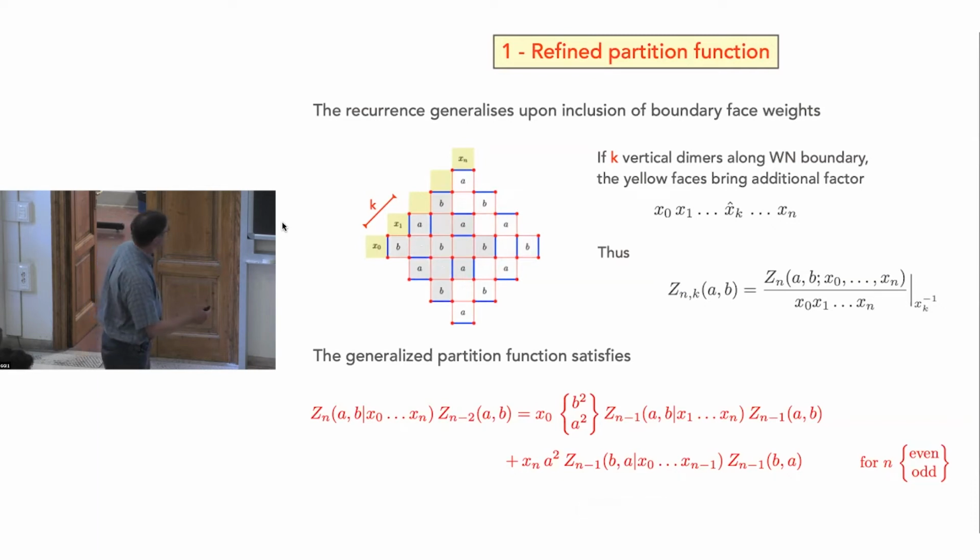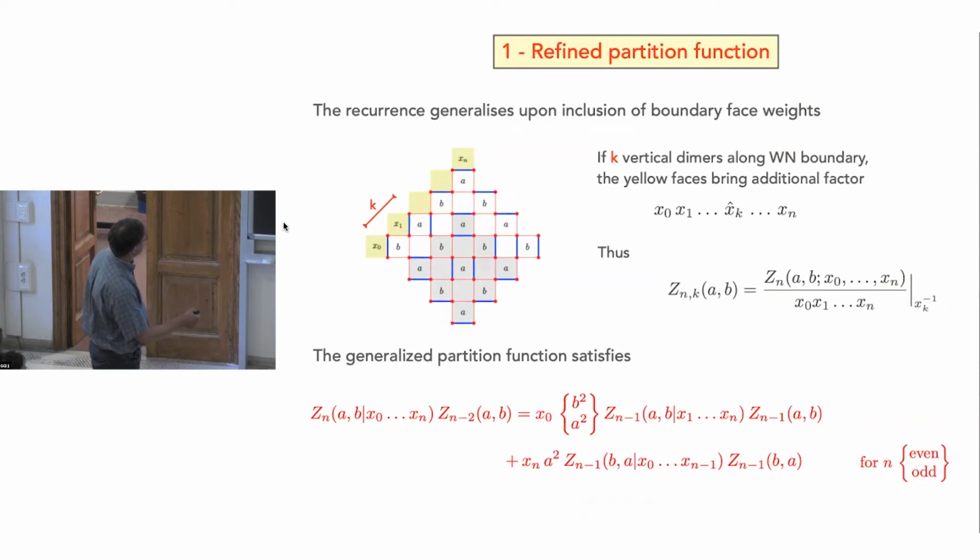Yes, the X naught comes from the other two. So you see, these two, this one and the next one, they actually miss that dimer.